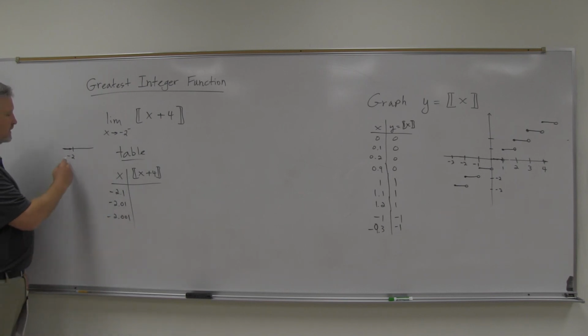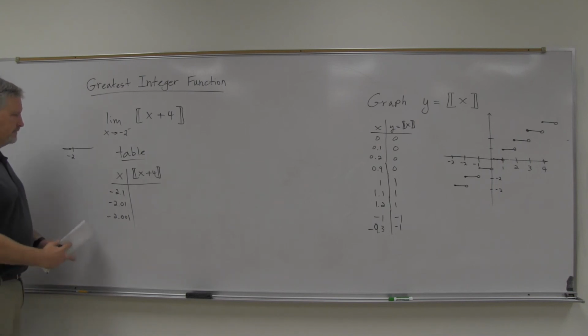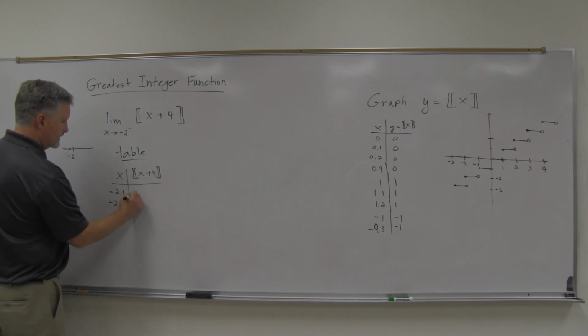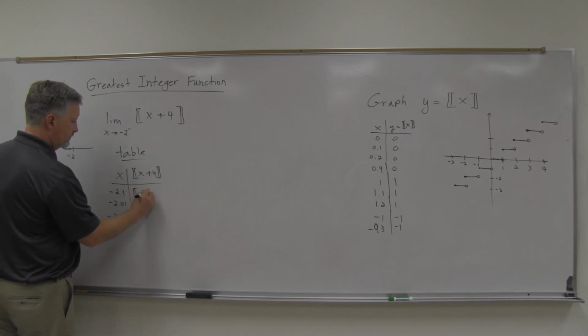Those would be on the left side of -2. All right. So if I plug in those, I get the greatest integer of -2.1 plus 4.